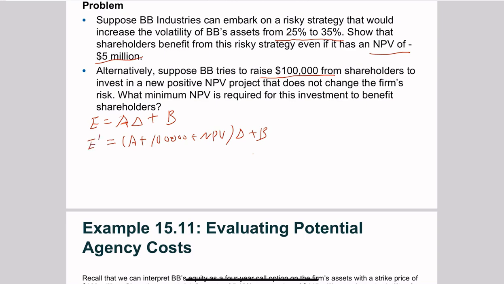So what's the benefit to shareholders? Well, the benefit is essentially the increase in the value of equity. So it's E prime minus E. And you can see that this should give us 100,000 plus NPV times delta.